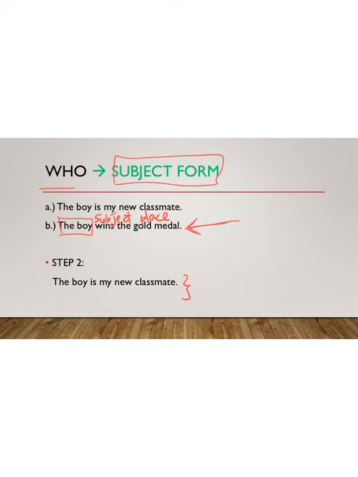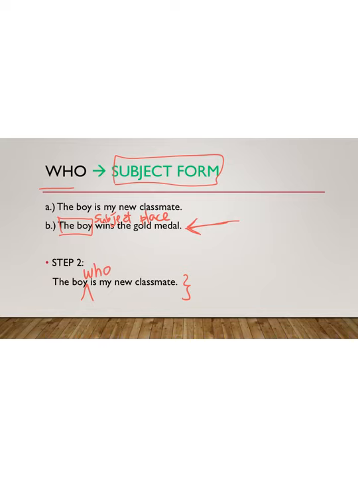So where to put who? Where to put this relative pronoun? So we have to put the relative pronoun right after the person that we are referring to, which means we have to put who here.